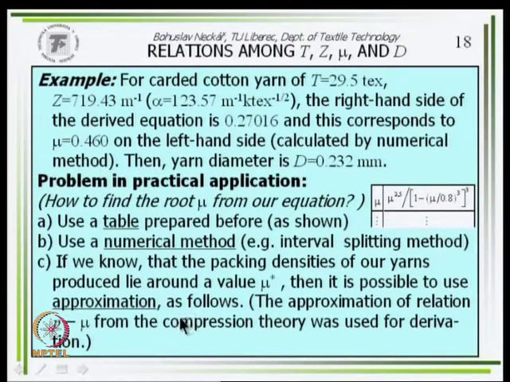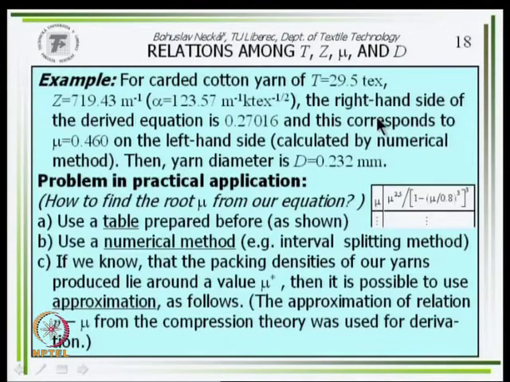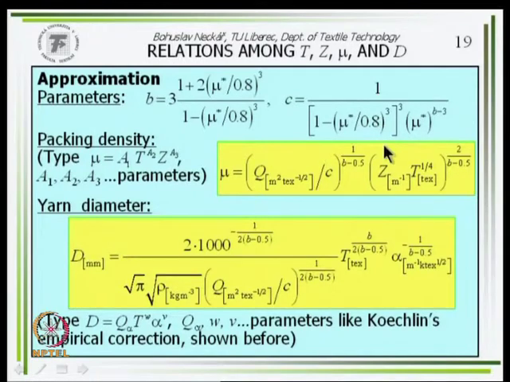And then it is possible to use an approximation, an approximation function to our original function. This is our original function. The approximation, which is valid around our packing density mu star, we obtain using the following recipe.